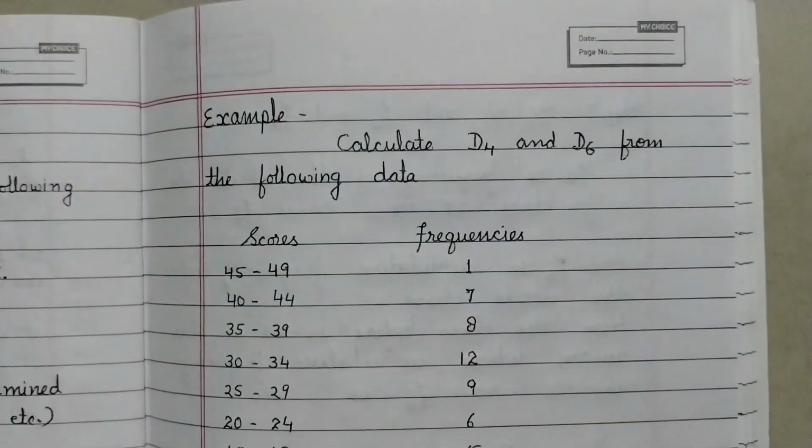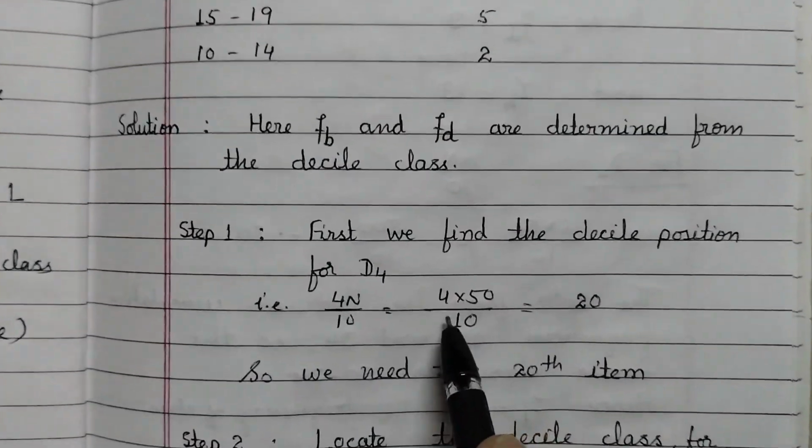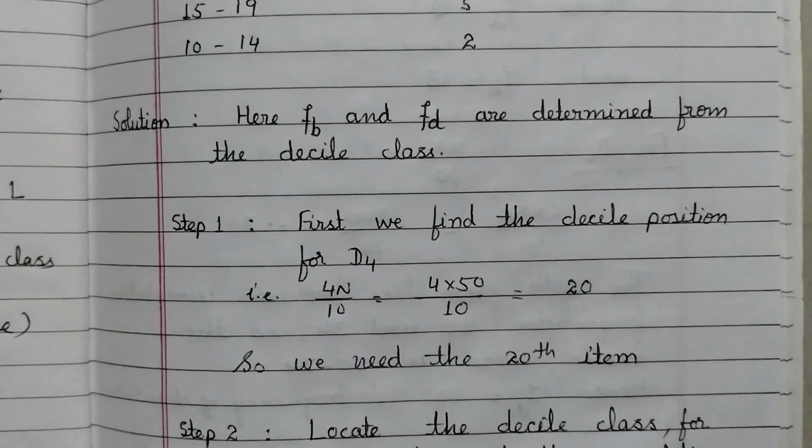That is, N is equal to 50. So 4 into 50 divided by 10 is equal to 20.